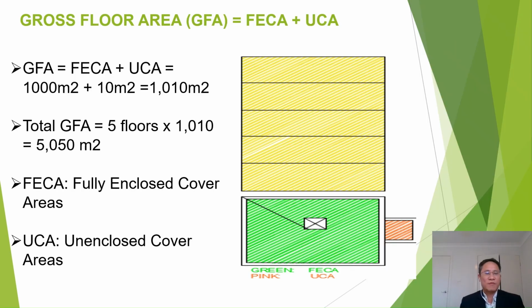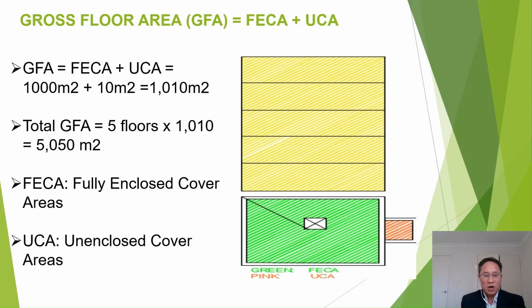Moving forward, before discussing the cost plan summaries, I would highlight some very important parameters that we should have in place before calculating the cost plan summary. The first very important one is the gross floor area, or GFA.